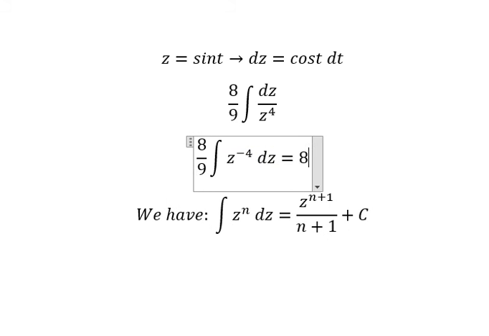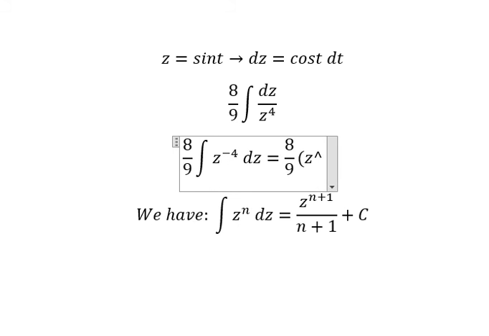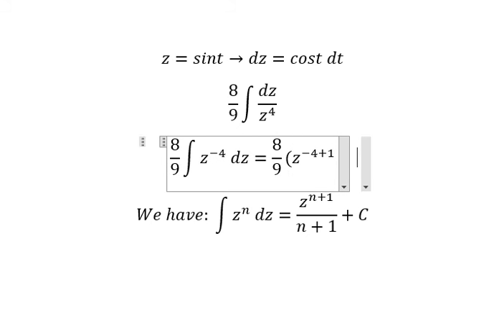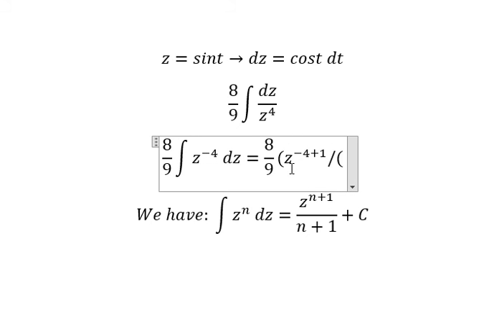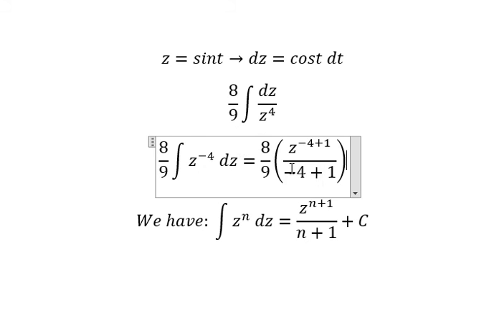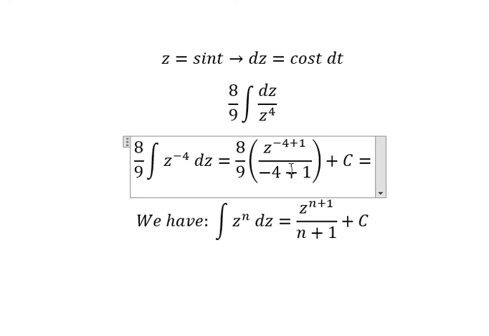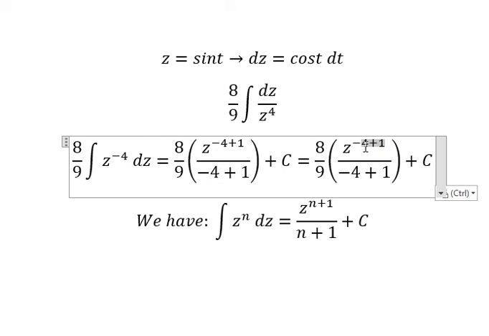So this one, we will have z to the power of negative 4 plus 1 over negative 4 plus 1. And we put c. Now we need to simplify. And this is negative 3. This is negative 3.